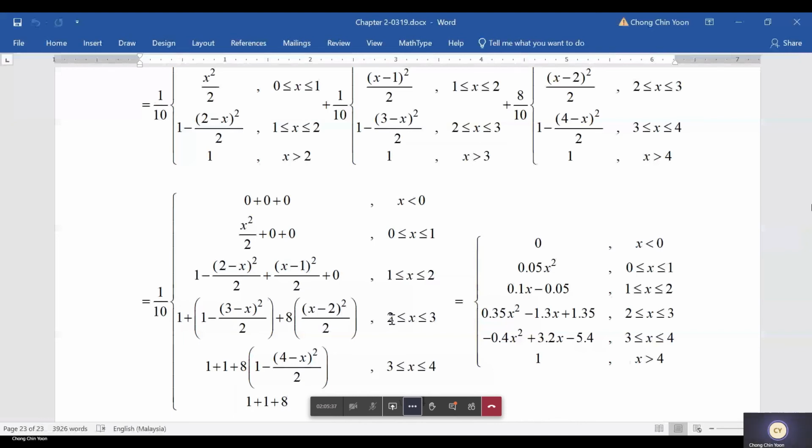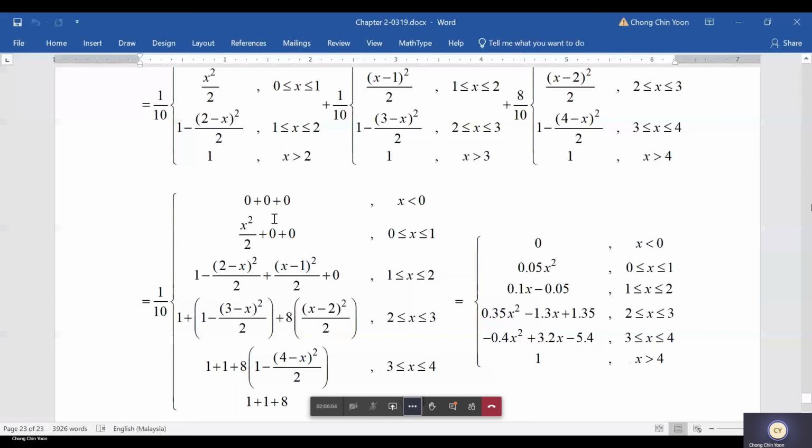Now you see, class, 2 to 3 is overlapping, right? Either you choose this piece or this piece, it is the same, still 1. If I choose 2 or maybe more than 2, it still gives you 1, because 2 minus 2 is 0, so you have 1.